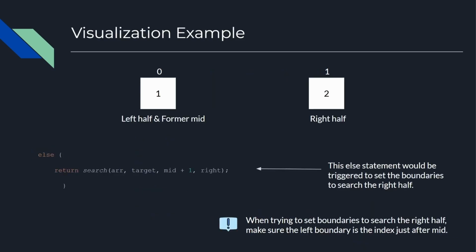After the comparison, this following statement would be triggered to set the boundaries to search the right half of our searching range. So, just as in the previous step, when trying to set boundaries to search the right half, we have to make sure that our left boundary is the index just after our middle index.